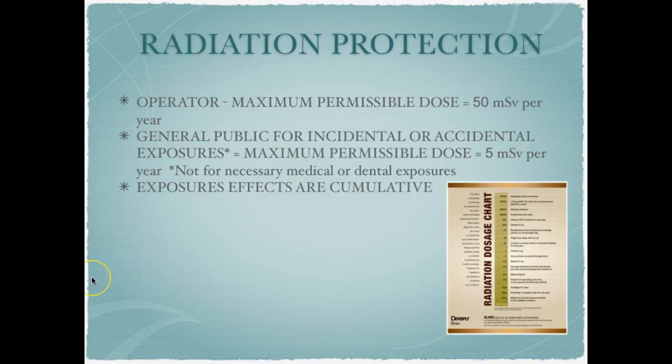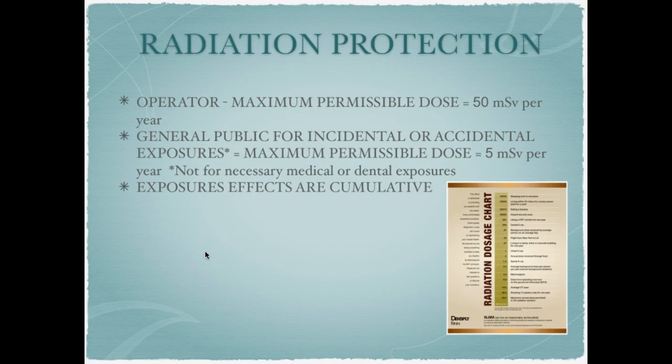So how much radiation can one be exposed to and still be protected? For an operator, if you are in dental or medical, the maximum permissible dose is 50 millisieverts per year. For the general public, for what they call incidental or accidental exposures, so these are exposures that are not necessary for medical or dental procedures, the maximum permissible dose is 5 millisieverts per year.